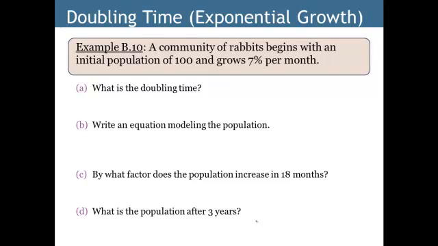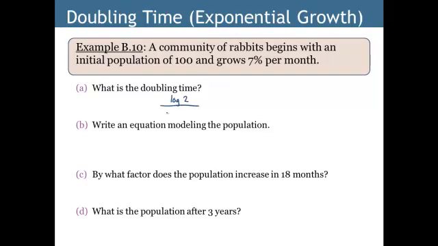Let's do another one here. We got one with rabbits. Population of rabbits commonly comes up when you talk about this exponential growth. So what is the doubling time? Well, let's see here. A community of rabbits begins with an initial population of 100 and grows 7% per month. So they didn't tell us, so I got to use that formula.